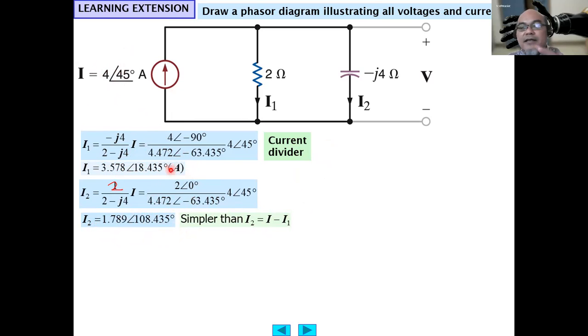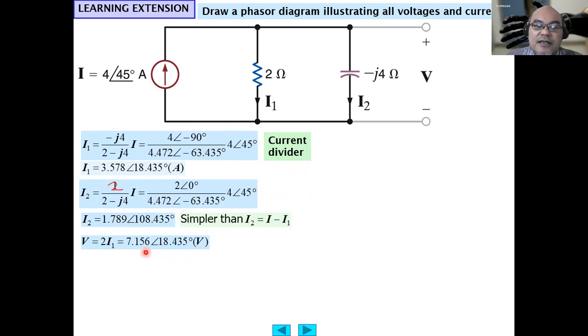Then we cannot operate on it directly. We have to convert them first into complex format, x plus jy. And that is more tedious. We have to calculate this for both I and I1. The simpler method is using the current division formula, although both ways will produce the same result.